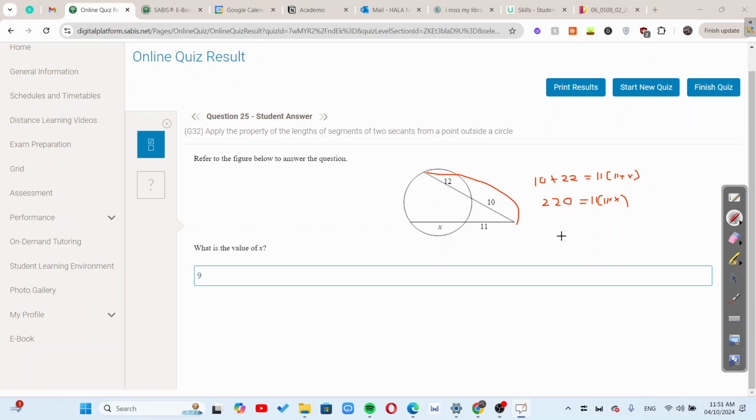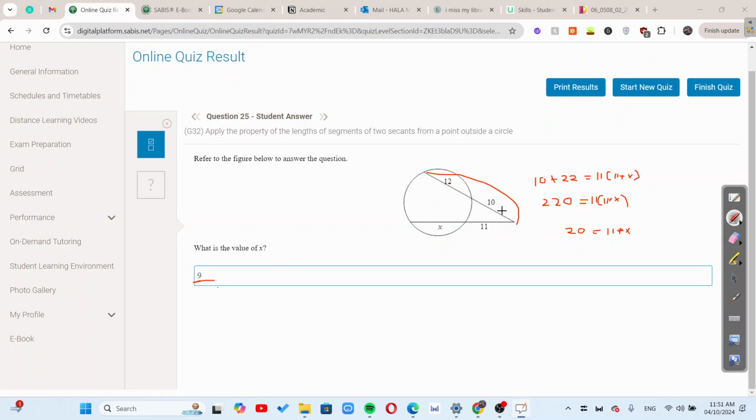So 220 divided by 11 is 20. So it's 20 equals 11 plus x. Now 20 minus 11 is 9.